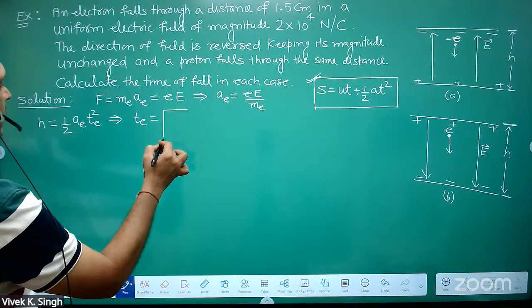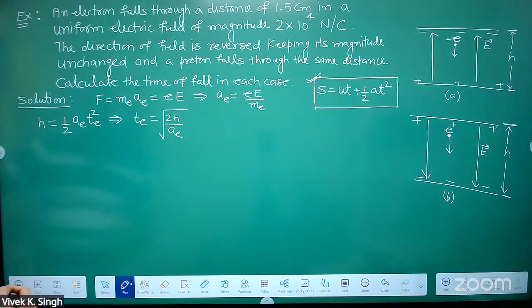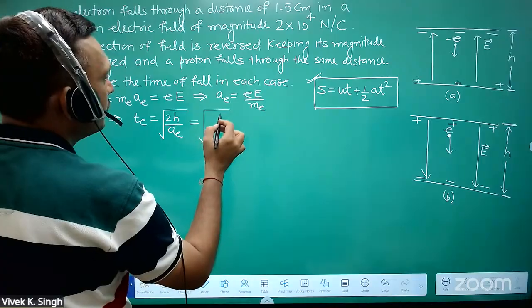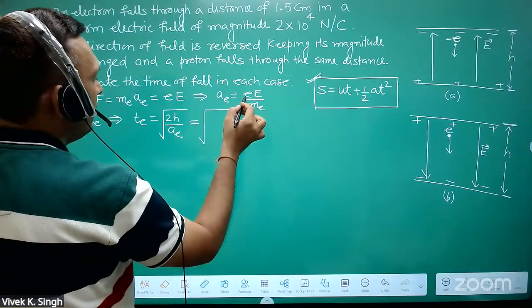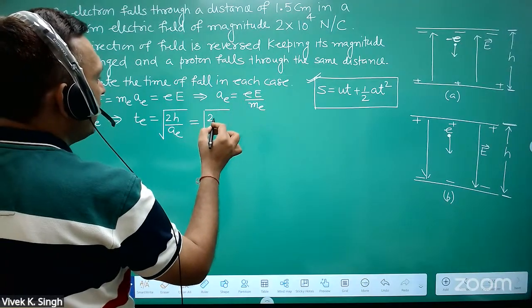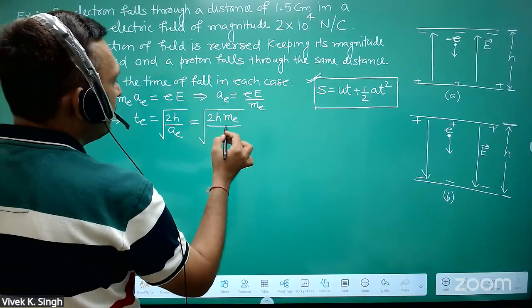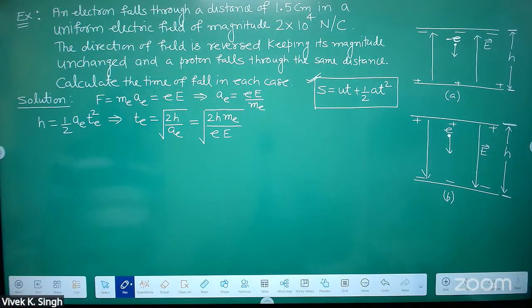t_e is given by under root 2h by a_e. And a_e is eE by me. So this is under root twice h mass of electron by eE. Now we know h is 1.5 centimeter, mass of electron is 9.1 into 10 to power minus 31.